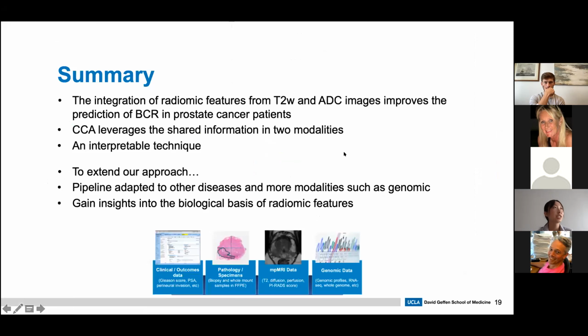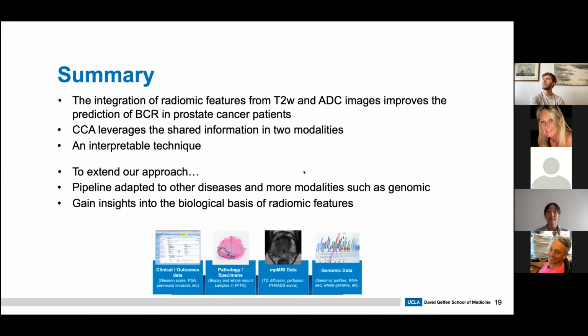To conclude our study, the general takeaway of this talk is that by combining different types of information across different modalities, we might be able to improve our model's performance in both diagnosis and prognosis.